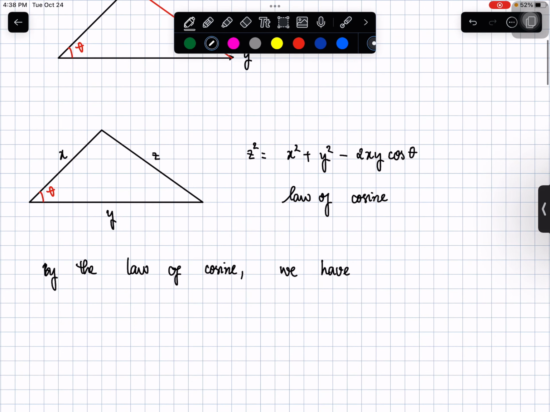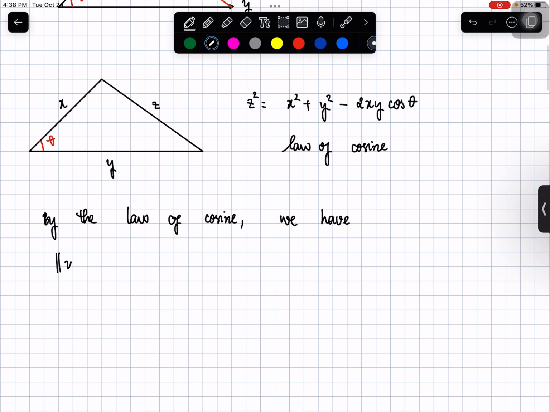And then we have y minus x squared, right? We just use exactly here z equal to vector y minus vector x.